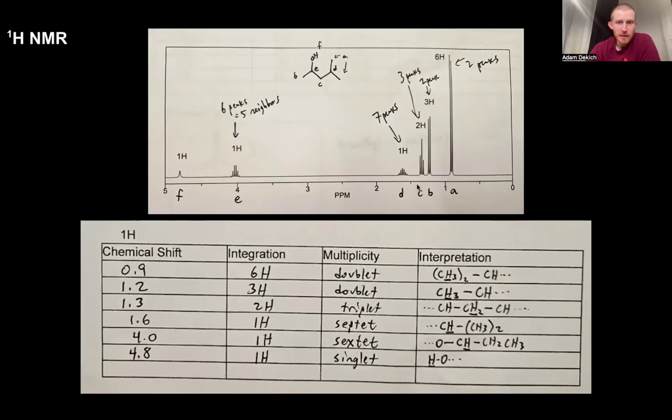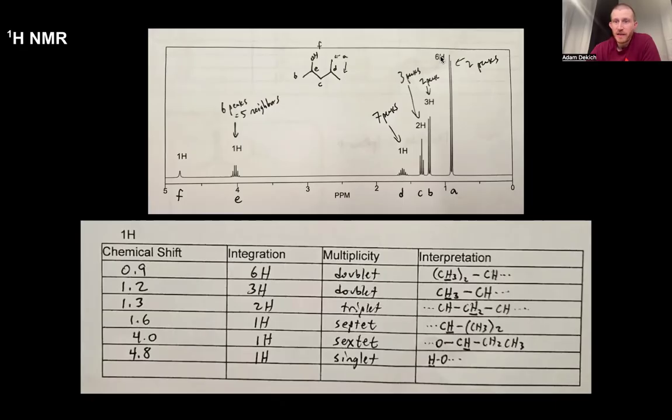So if we go right to left, you can see the parts per million on the x-axis here. A corresponds to this first 0.9 shift. It's got 2 peaks, and so you know that it has 1 neighboring hydrogen because of the n+1 rule, and we've got 6 of those.